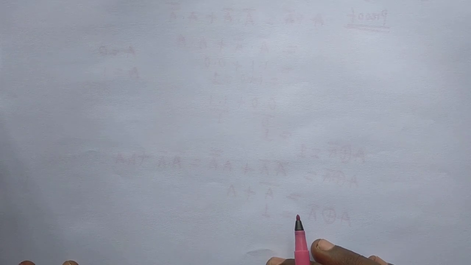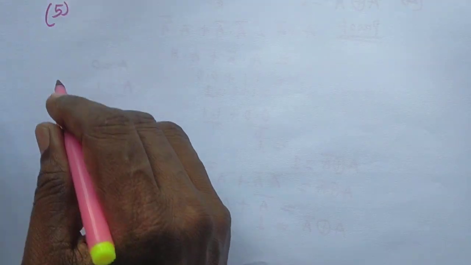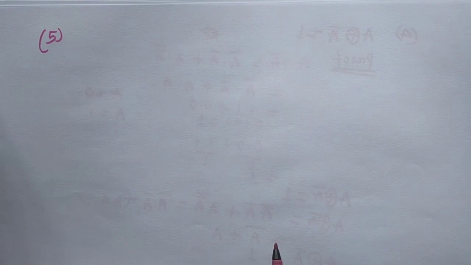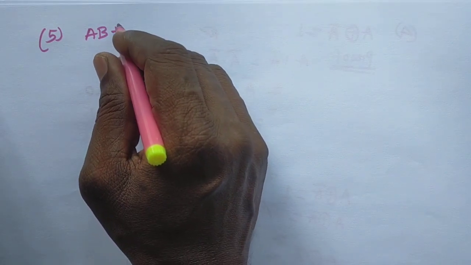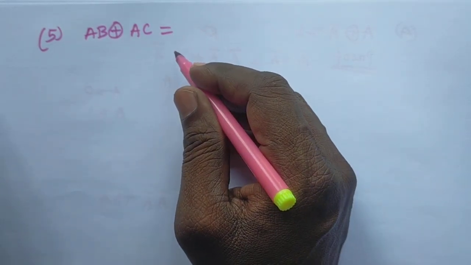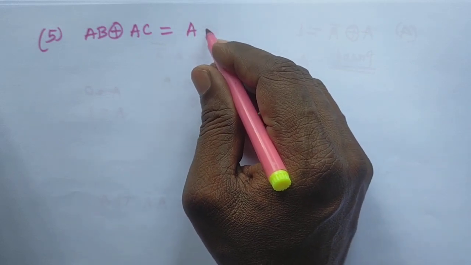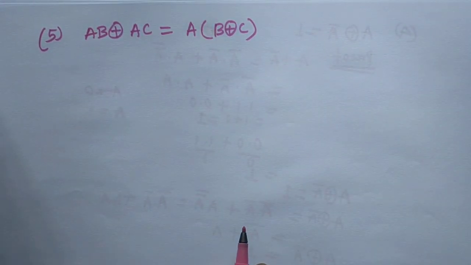Similarly, you see another, that is the distributive law. We can apply the distributive law and write it in this way: AB XOR with AC is equal to A, here B XOR with C. Okay, we have to prove it.